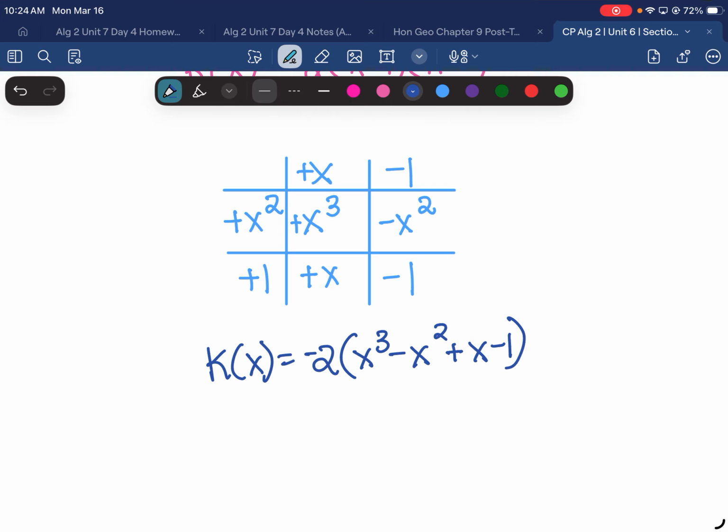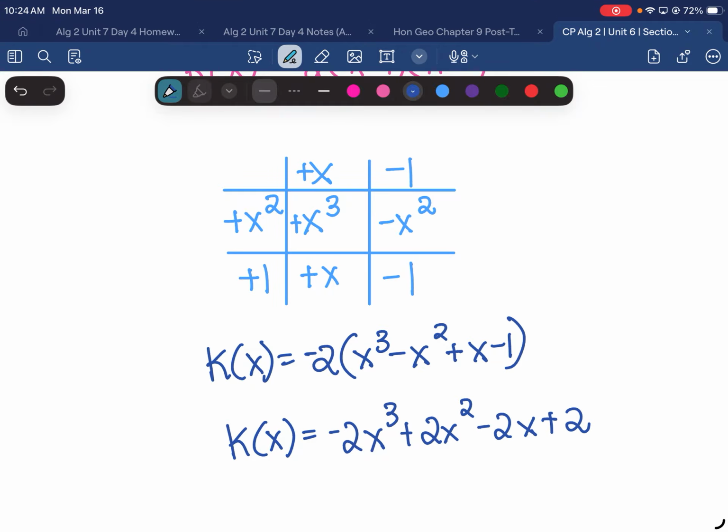So distribute it. So there you go, Lena. Third degree polynomial, your highest exponent is 3. We also call that a cubic.